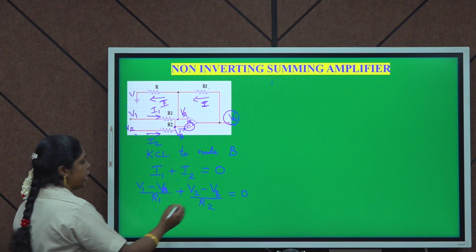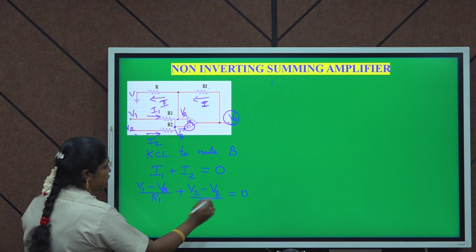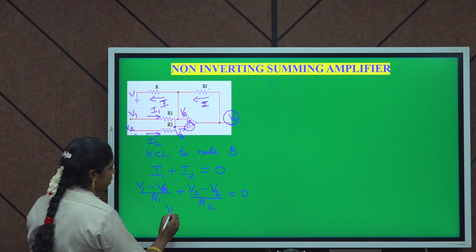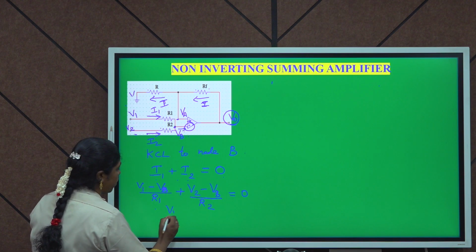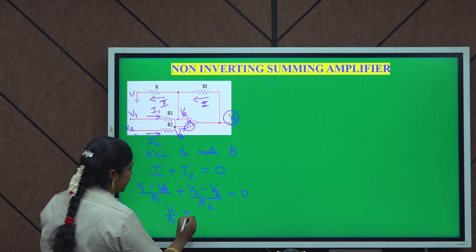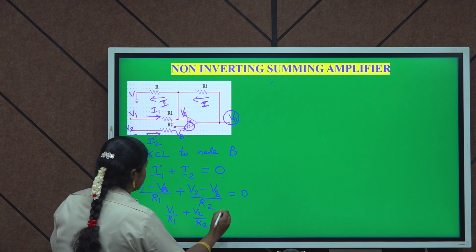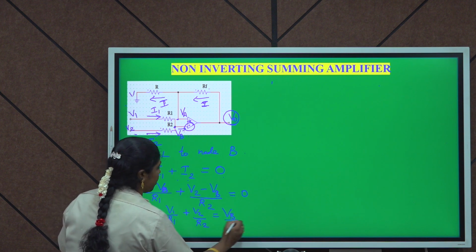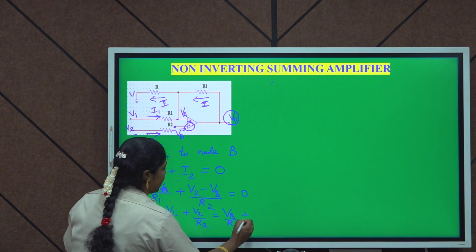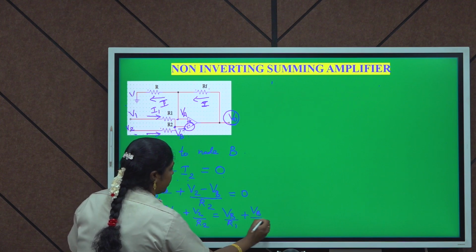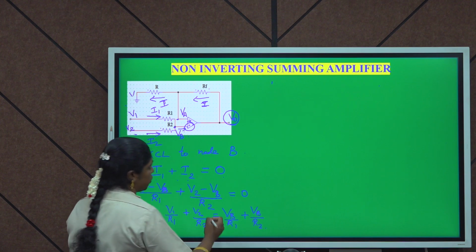From this we need to find the potential VB. We can rewrite this equation as V1 by R1 plus V2 by R2 is equal to VB by R1 plus VB by R2.